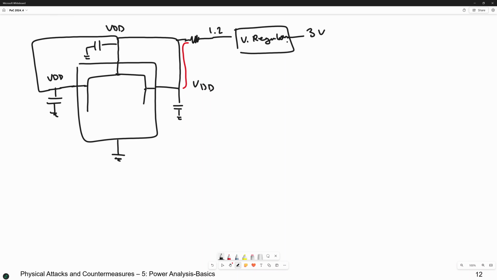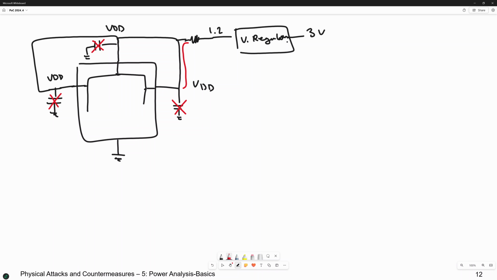This is one option, to completely remove them from the PCB. Then it would be a normal situation. But one thing which might be problematic: if the device works at a very high frequency, these capacitors are necessary. Otherwise, the device may not work at a high frequency anymore. Then you have to keep them.